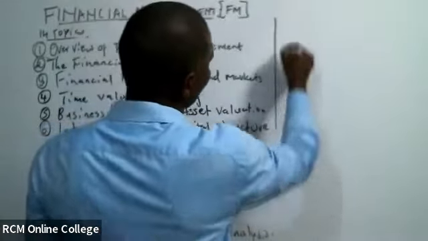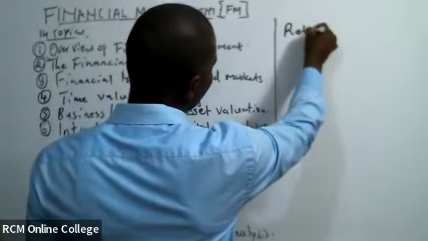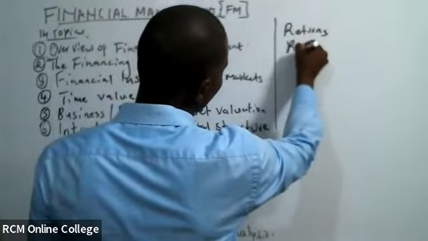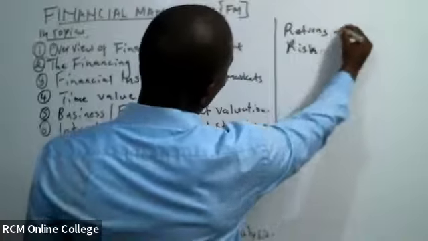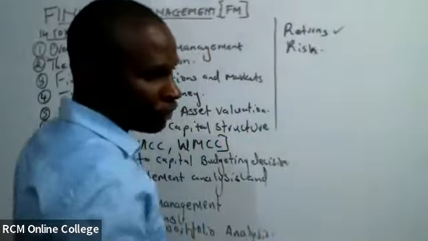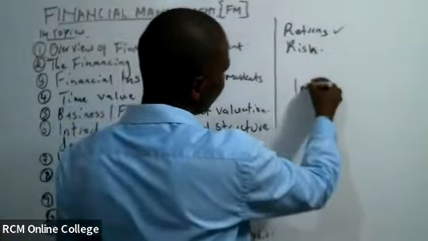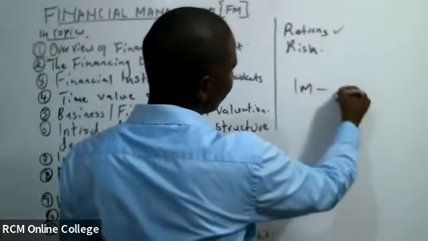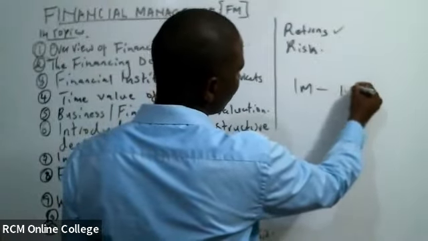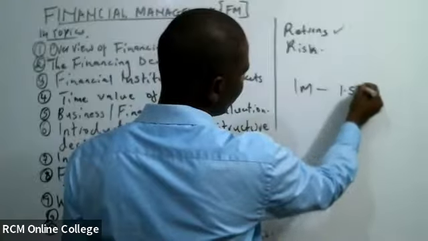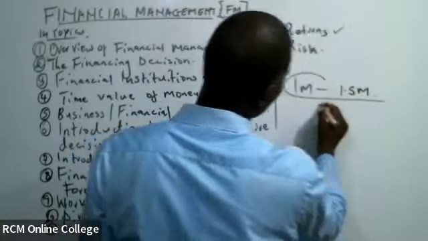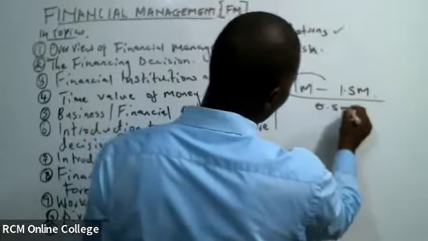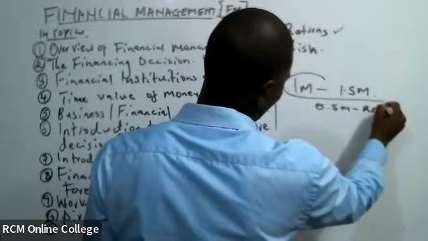So you find that we have the return and risk. If you invest 1 million today, you expect after some time to get maybe 1.5 million. Now the return is 0.5 million. That is the return.